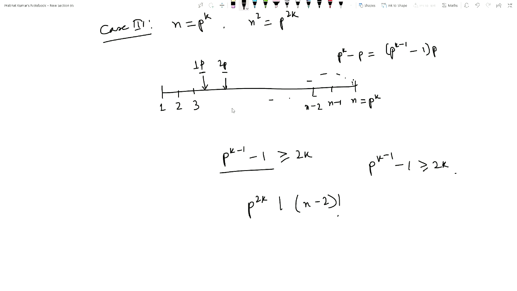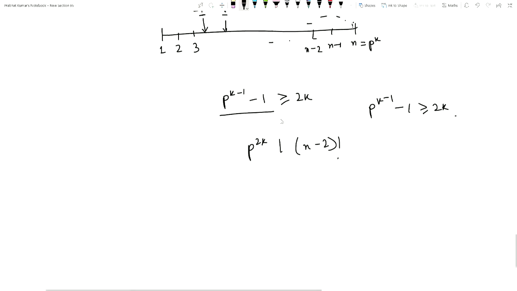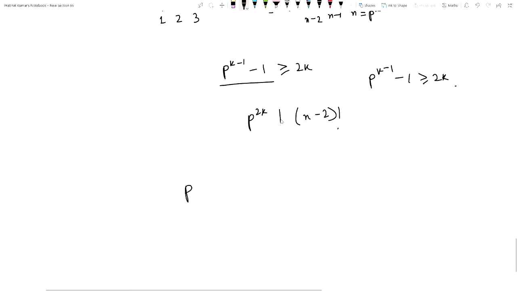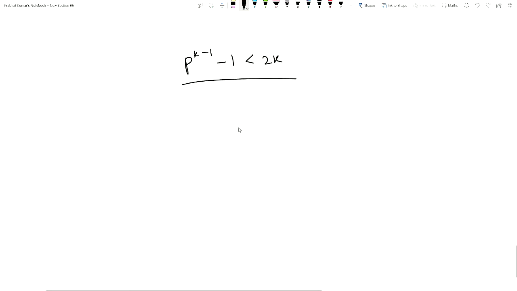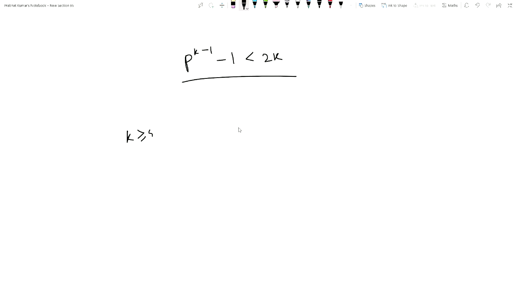So we focus on the case where this will be less than 2k, right? So p to the power k minus 1 is less than 2k. So what happens if this gets less than 2k? You can see that if k is greater than or equal to 5, then the smallest prime number is 2, right?